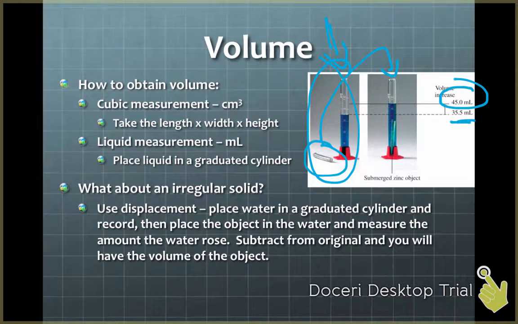It started out at 35.5 and rose to 45, and this allows us to figure out the volume when we subtract. If you subtract 45 minus 35.5, you get a rise of 9.5 milliliters, which means that the object you placed in there occupies 9.5 milliliters, and we would then be able to use this in a calculation.